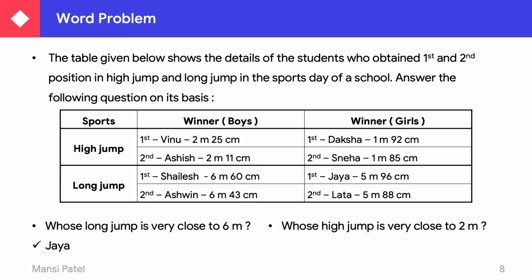Just see in the high jump, the measurement of both boys is far away from 2 meter. So among the girls, Daksha and Sneha, which one is very close to 2 meter? We can say the measurement of Daksha is very close to 2 meter.